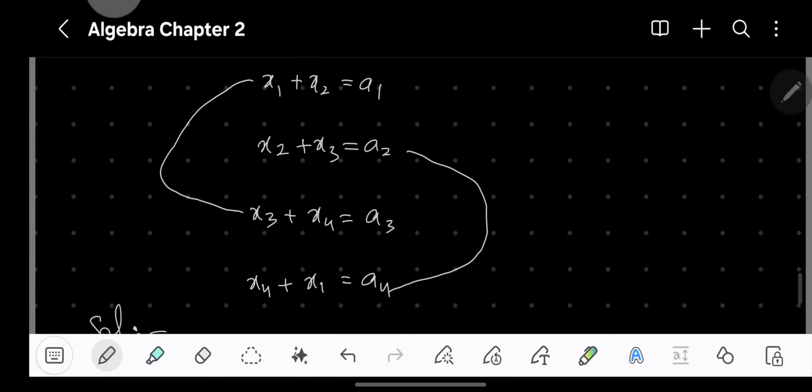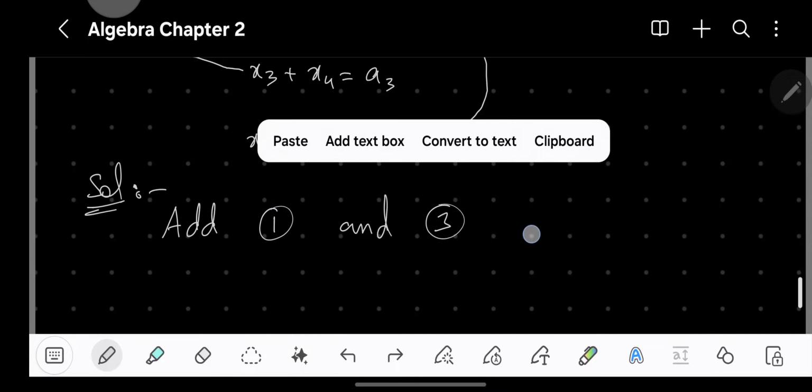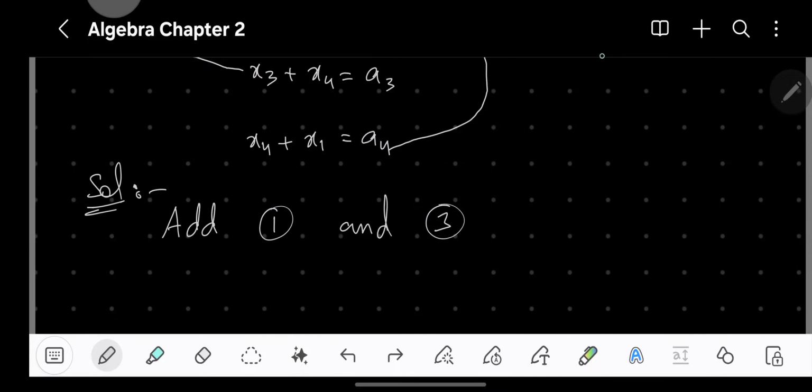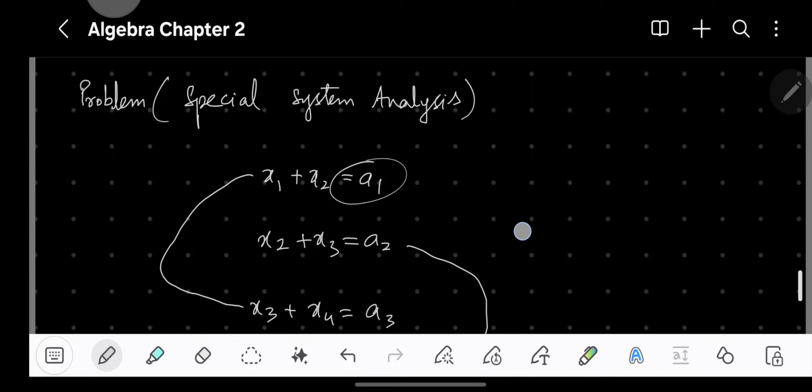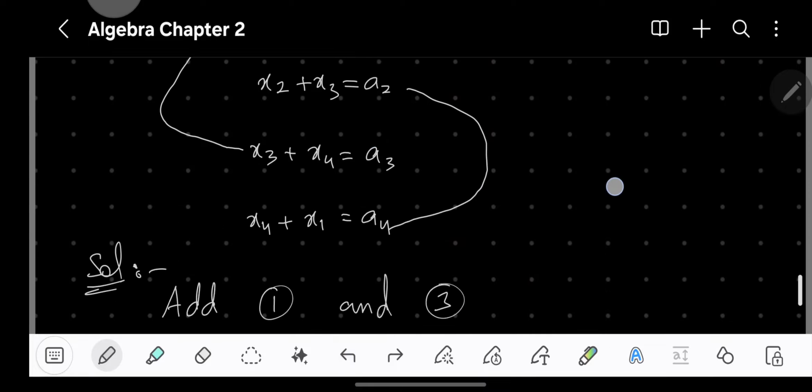So what will I do? I will add equation number 1 and equation number 3. If I add equation number 1 and 3, I will get x1 plus x2 plus x3 plus x4 is equal to a1 plus a3, because this is a1 and this is a3.